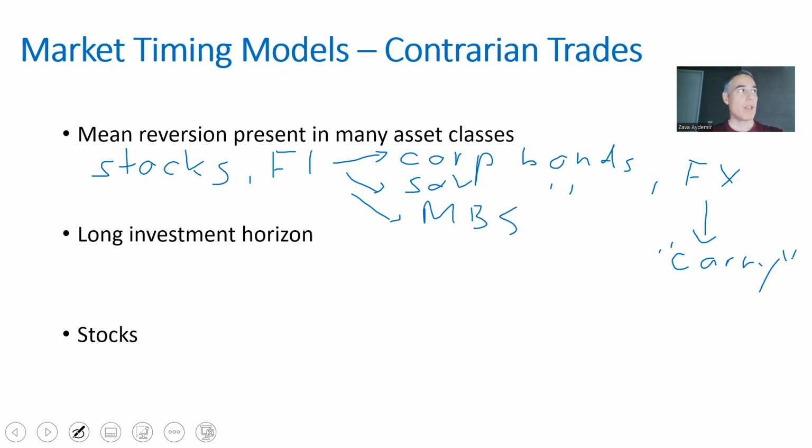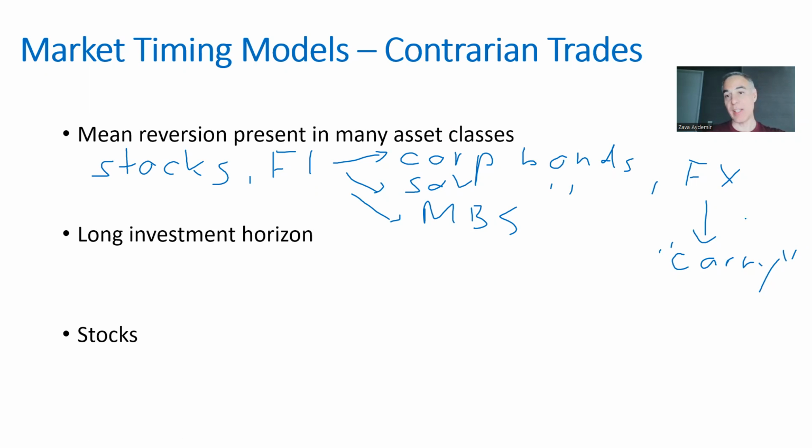And then if you look at these myriads of contrarian trading strategies, you will come across examples of strategies that are more short-term. For example, milliseconds, like high-frequency trading, to relatively short investment horizons, like a day or a week of holding periods.